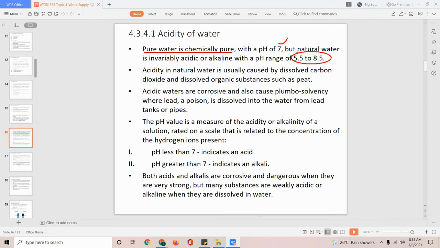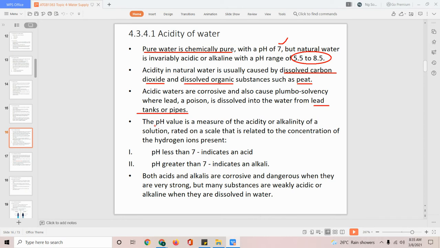That's for natural water. So if it is high in acidity, this is usually caused by dissolved carbon dioxide and dissolved organic substances such as peat. So acidic water can also be from lead, from tanks or pipes that we use to transport our water.